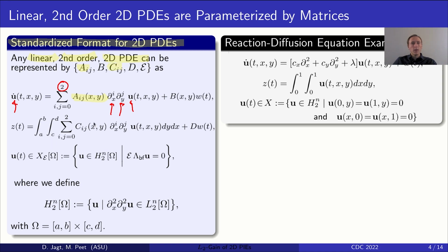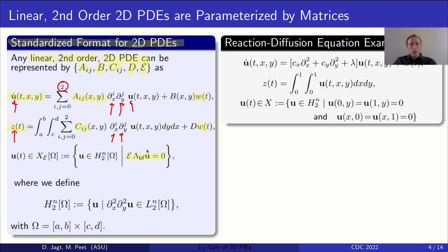Similarly, we have these functions c_ij here, describing the contribution of these derivatives to the output z. And we have these functions b and d here, describing the contribution of the disturbances to both the PDE dynamics and the output. Finally, we also have this PI operator E here, which we use to describe our boundary conditions in this slightly abstract format.